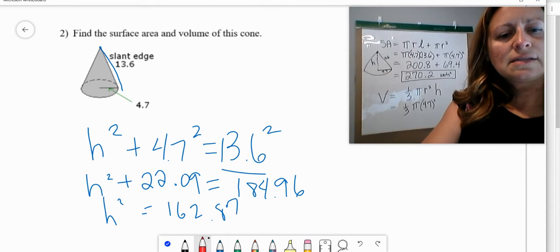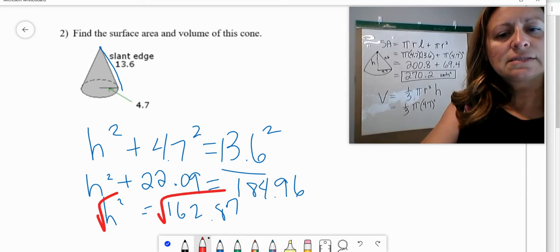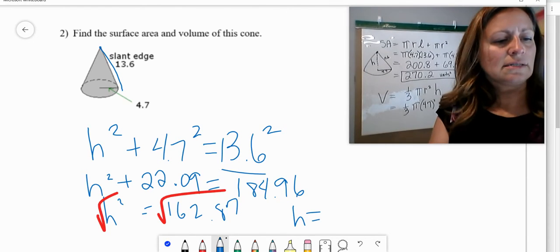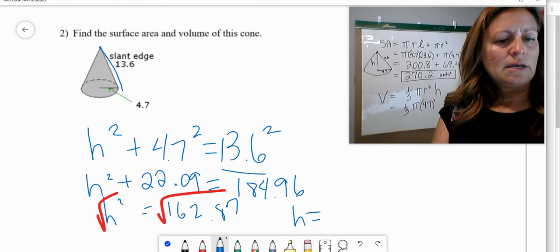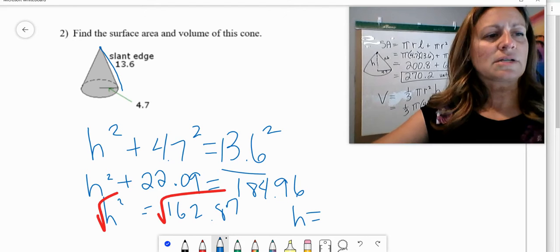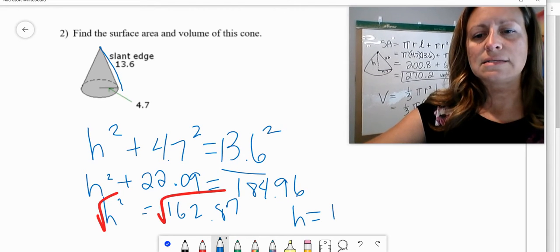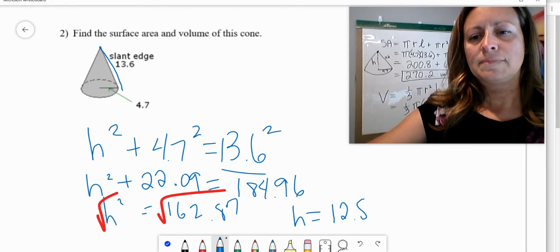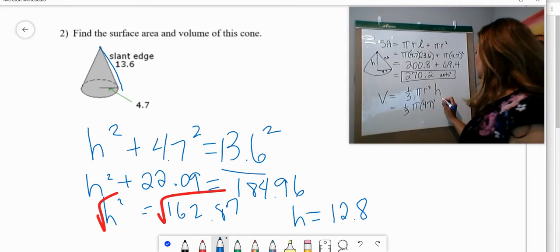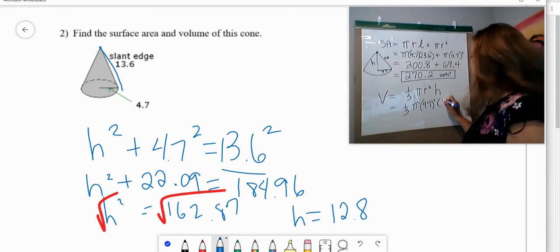And then take the square root of both sides to get h by itself. And so h, the height, is the square root of 162.87, which is approximately 12.8. Now that number is what I can plug in here for the height, 12.8.